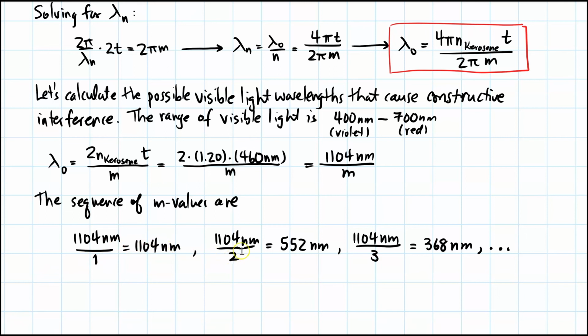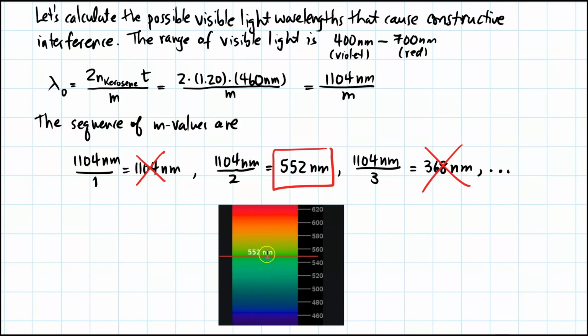For m equals 2, I get 552 nanometers. For m equals 3, I get 368 nanometers. So this guy here is outside the visible region. If you look at 552 nanometers, it falls within the region. If you look at 368, it falls outside of the region. So the only possible wavelength is 552 nanometer light. You can see that 552 nanometer light is this greenish color.